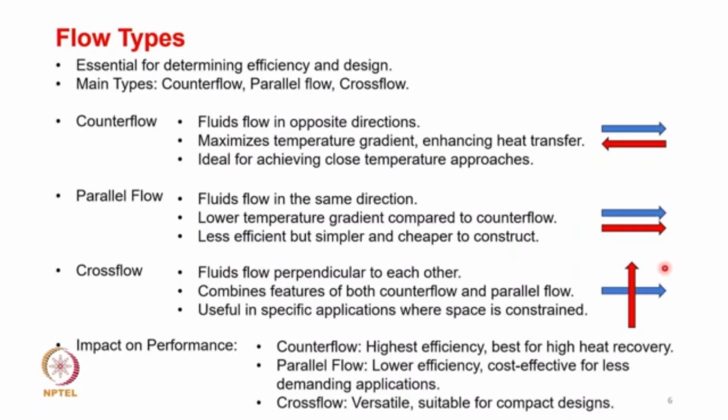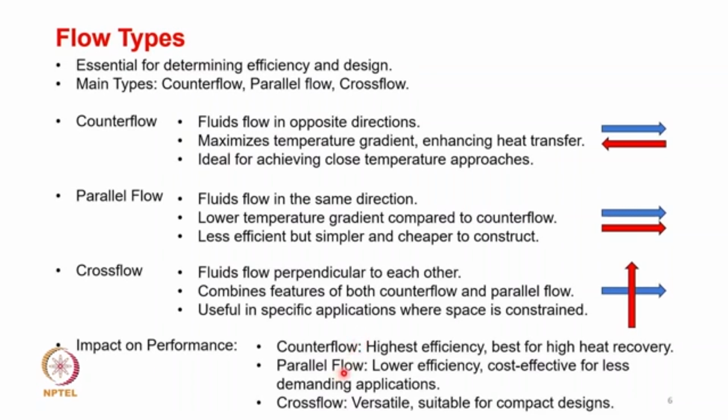Now let's summarize how each of them performs relative to the others. Let's start with counterflow. Counterflow has the highest efficiency and is of course best for heat recovery, but is difficult to effect.